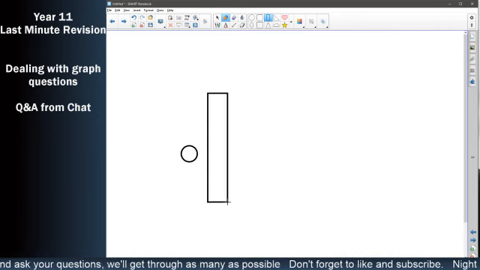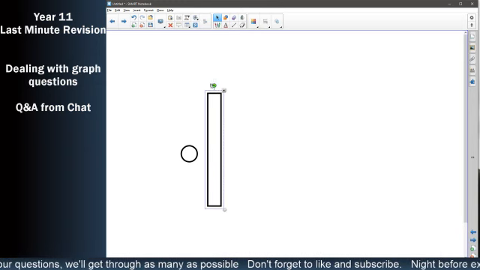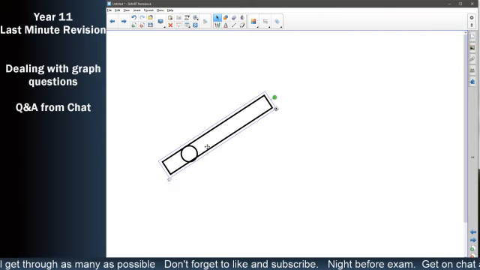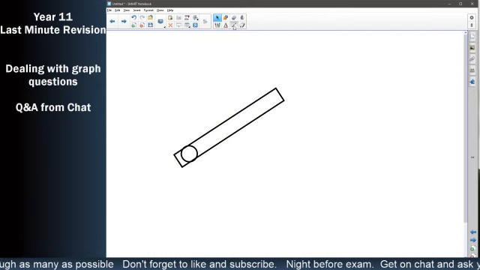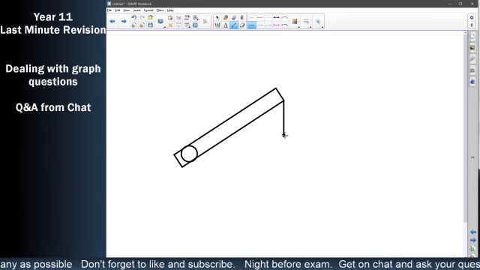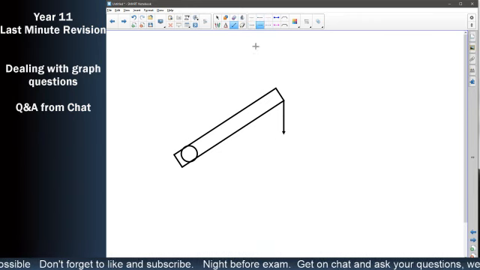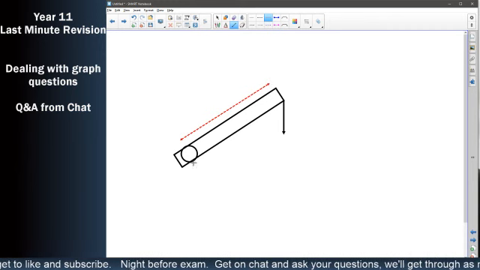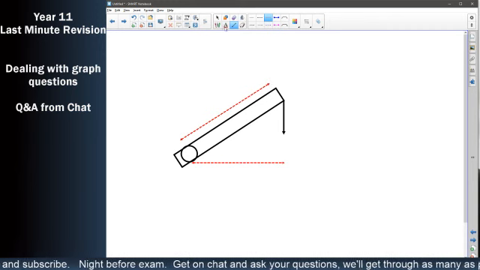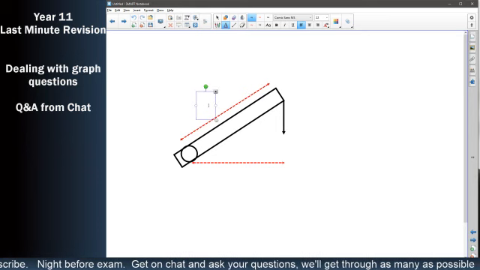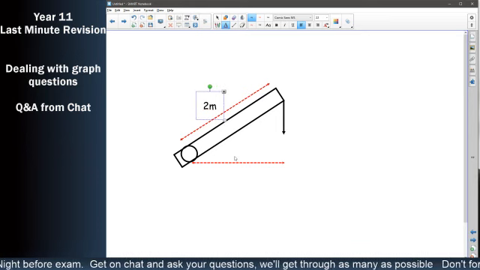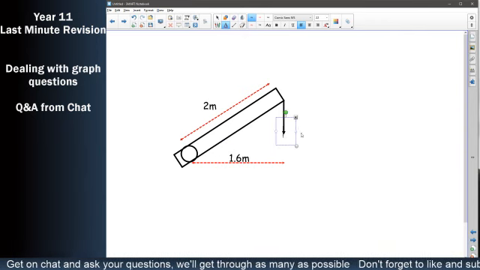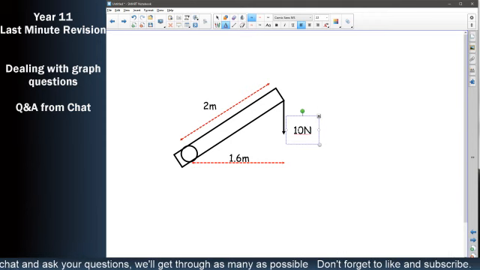Just to reiterate the point, if I have some form of pivoted system, there's my little circular pivot down there, and I have a force being applied to it here, and then some sneaky examiner gives you a distance there and a distance there. Let's say this distance is 2 meters, and this distance here is 1.6 meters. I give you a force over here of 10 newtons, to make the math simple later on.